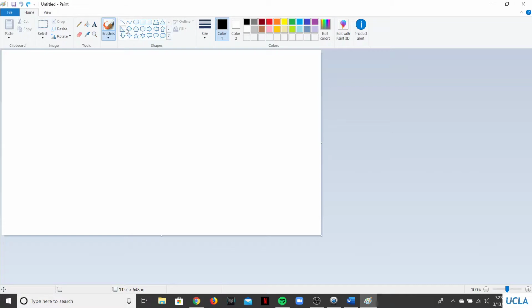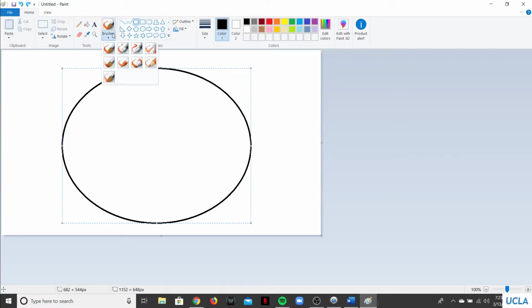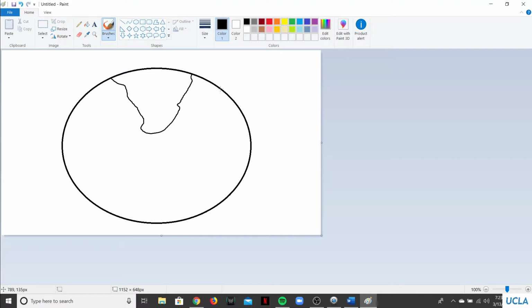I am going to start by making a very rough shape of a spinal column, and then I will draw this in. You can imagine the rough butterfly shape for the gray matter is here. And then here is the midline, right?